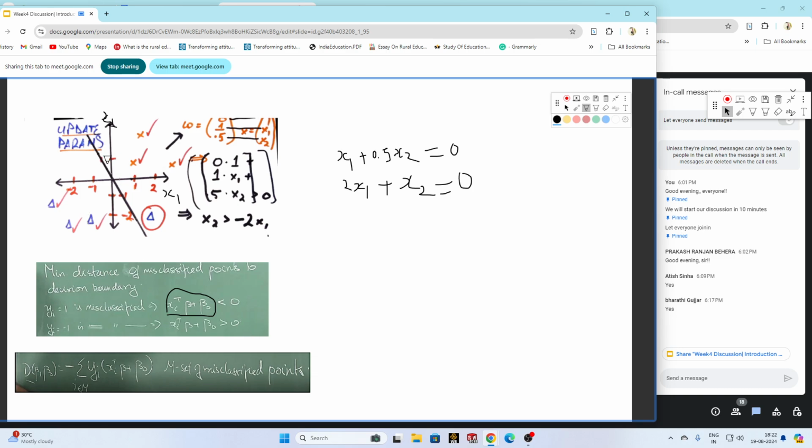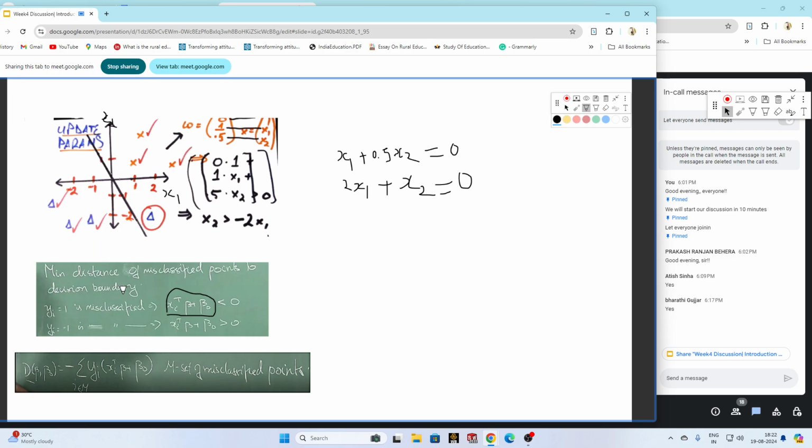There are two portions of this line, this portion and this portion. This portion should be greater than 0 and this portion should be less than 0.